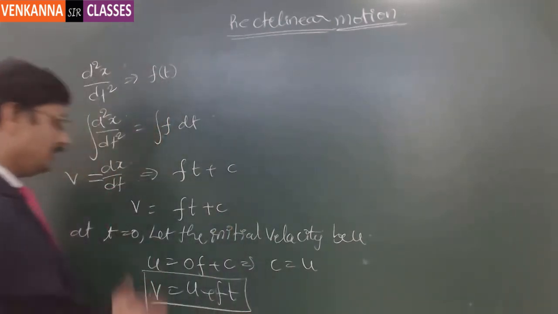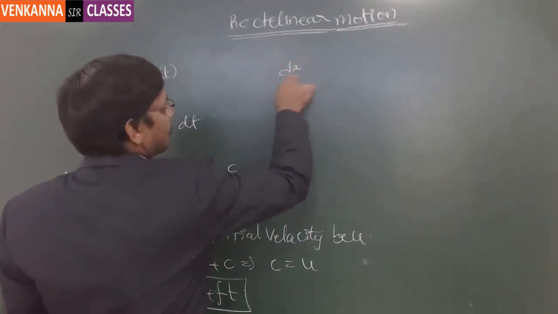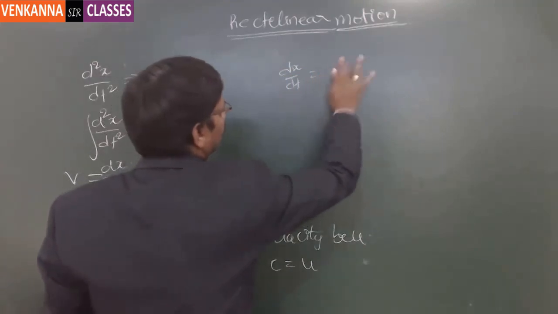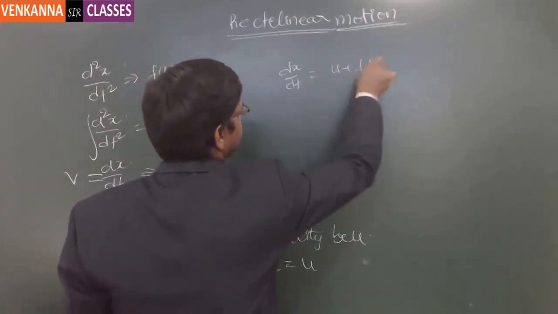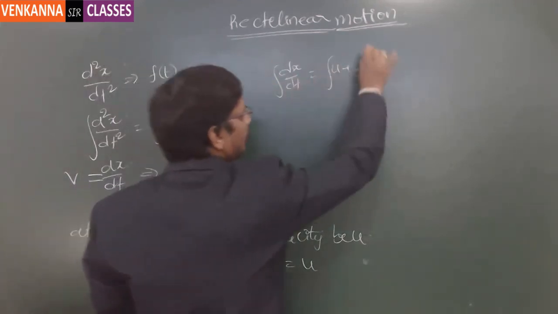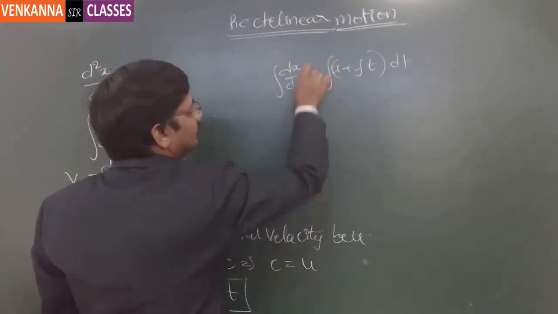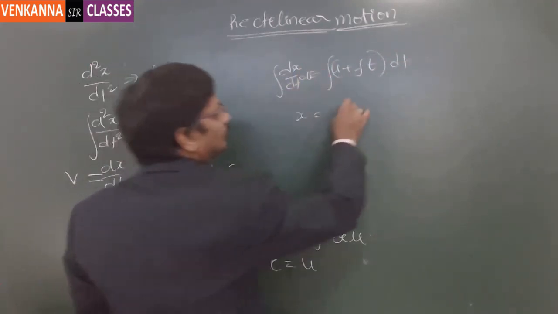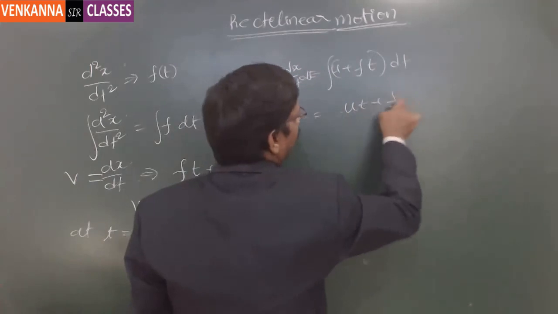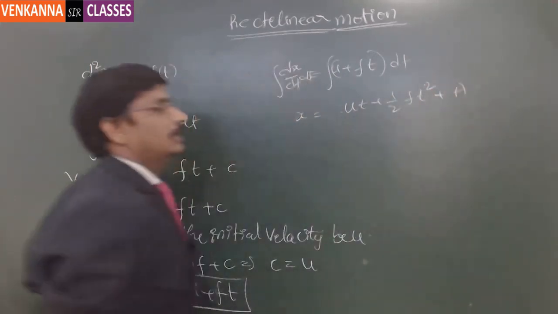Now if you further integrate this, v is nothing but dx by dt, which is equal to u plus ft. If you integrate on either sides again, x is equal to ut plus half ft square plus some arbitrary constant a.